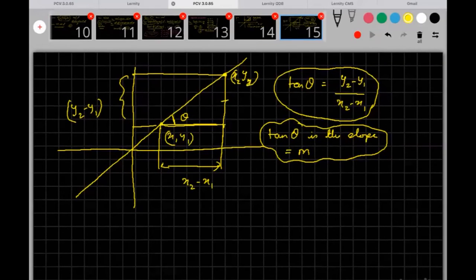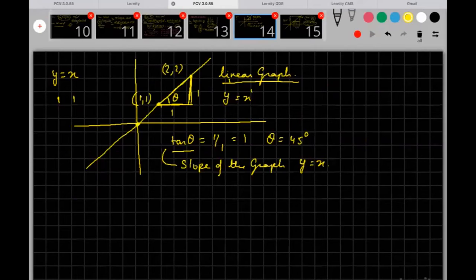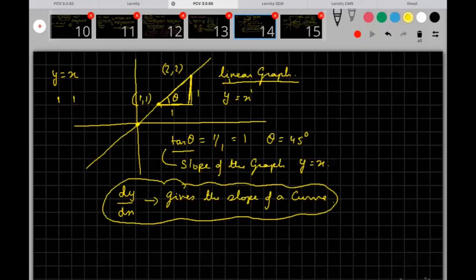Understand that what you got, dy by dx, is also equal to 1. So dy by dx gives the slope of a curve. Dy by dx gives you the slope of a curve. Here the curve is a straight line, so it gives you the slope of the straight line. Can you make notes?